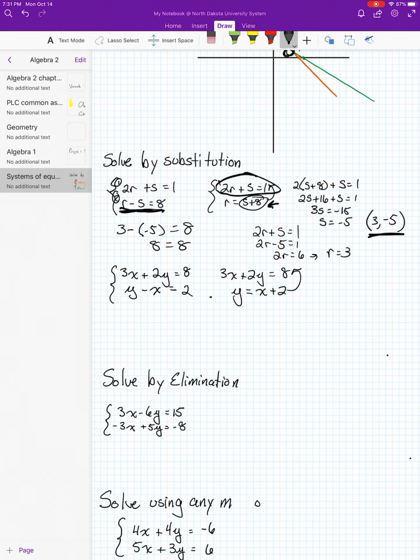So substitute back into the first equation, 3x plus 2 times x plus 2 equals 8. Yuck. Fractions.